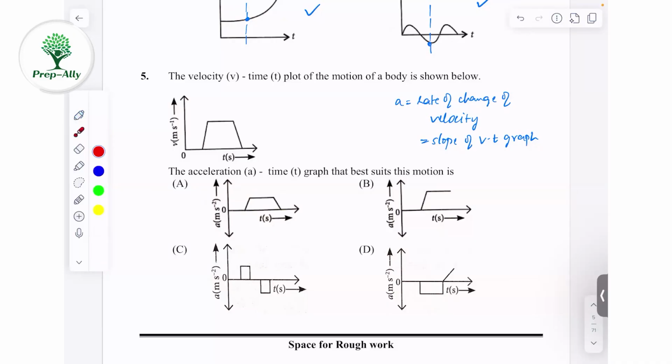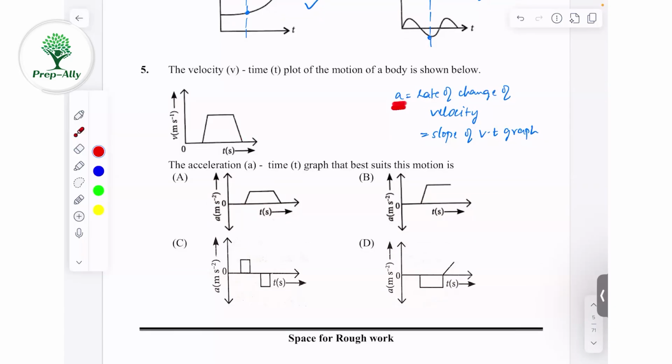Now, next, it acquires some maximum speed and then it continues at that maximum speed for a while. So you see here, the velocity is not changing with time, which means acceleration is 0. You see the value of acceleration is 0 for a time interval. And then again, in this time interval, the velocity is decreasing with time. But again, this is a straight line, so constant slope, so constant acceleration.